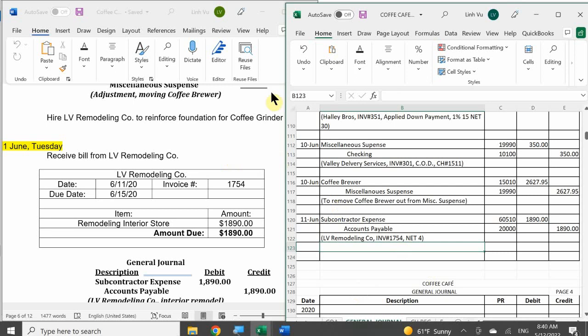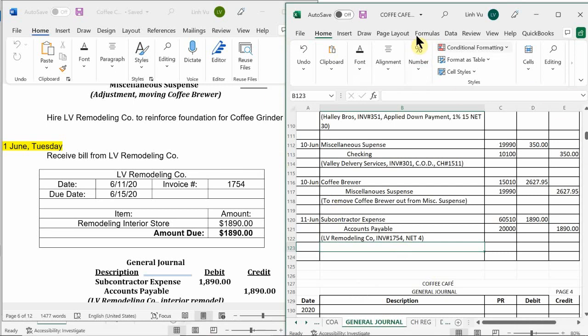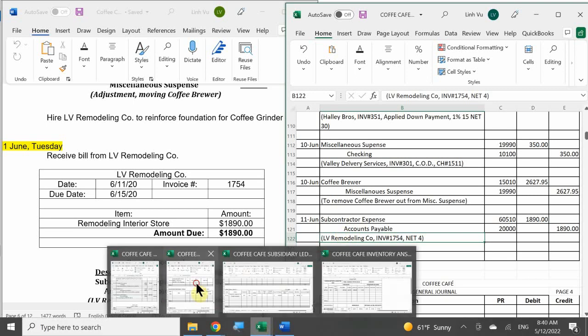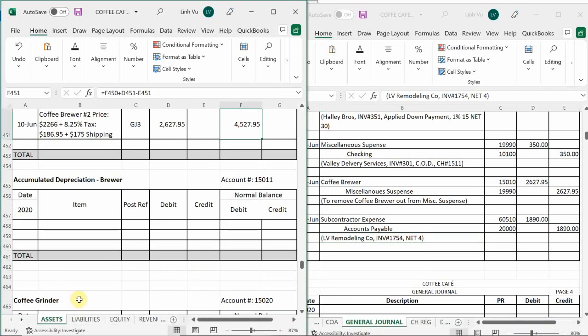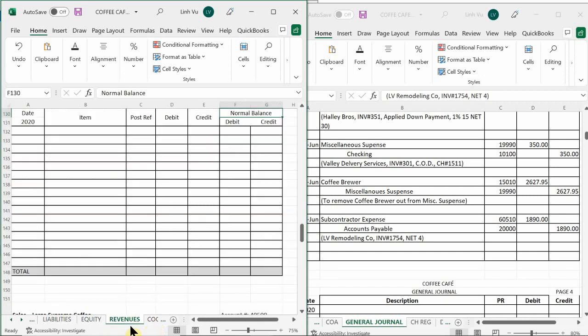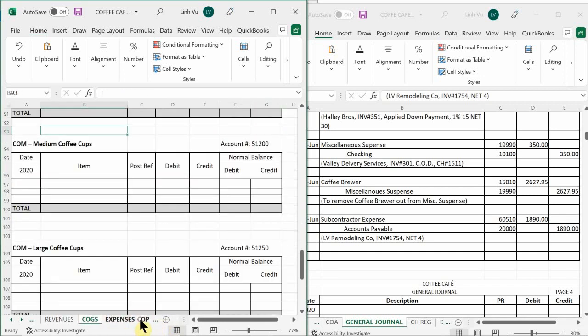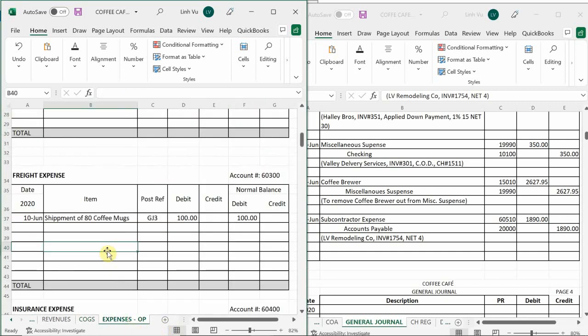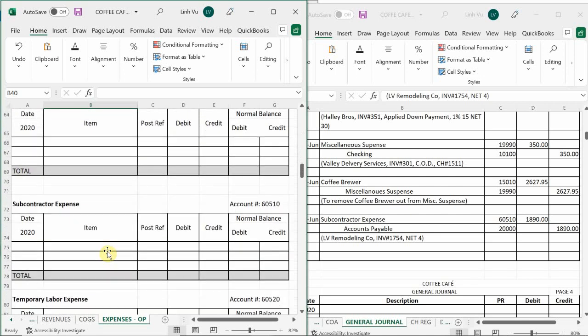Okay. So now that I have everything here, I need to transfer this amount into my ledger. Okay, because now I owe more money. So go to expenses. Right here, subcontractor expense.